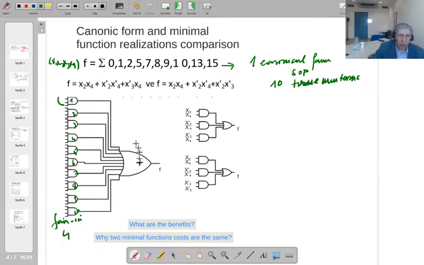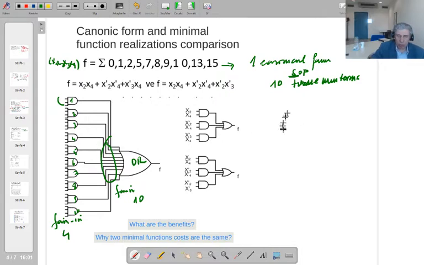There is only one OR gate, which comes from the sum in sum of products. This OR gate's fan-in is the same as the number of AND gates, because all the AND gate outputs are connected to the OR gate. So the fan-in is 10.